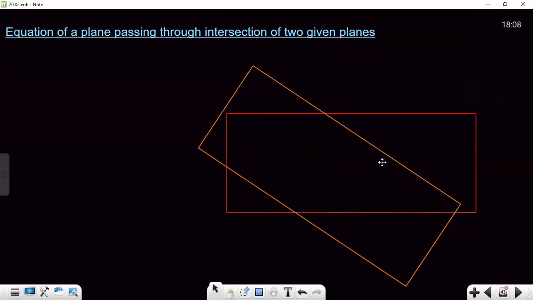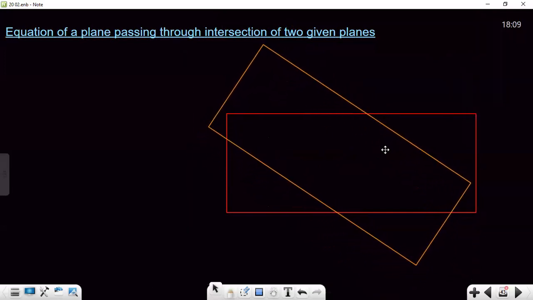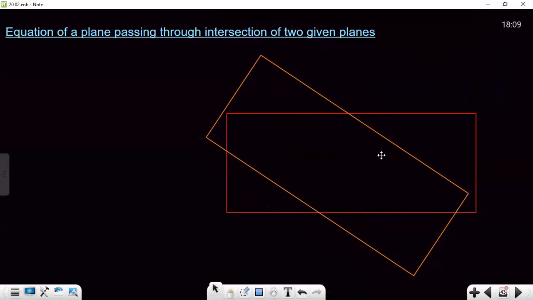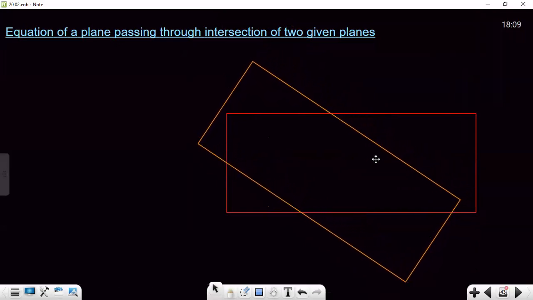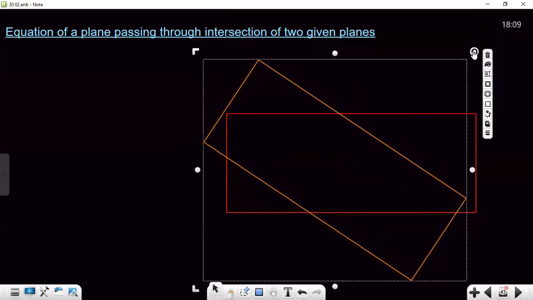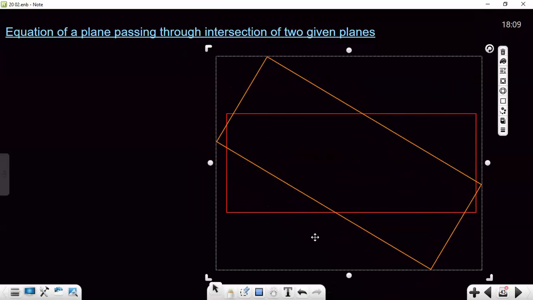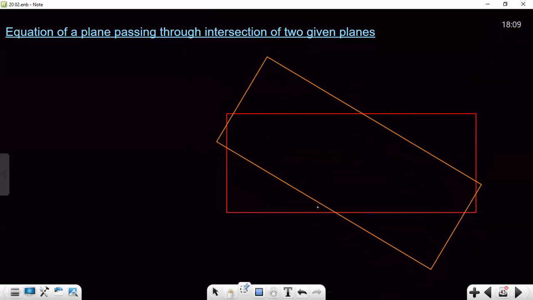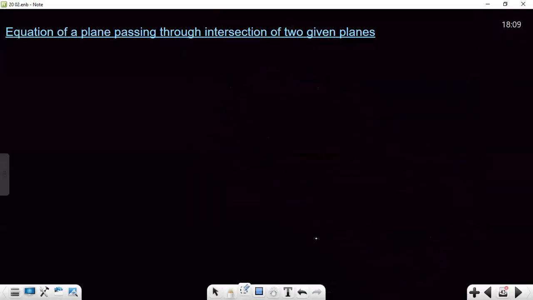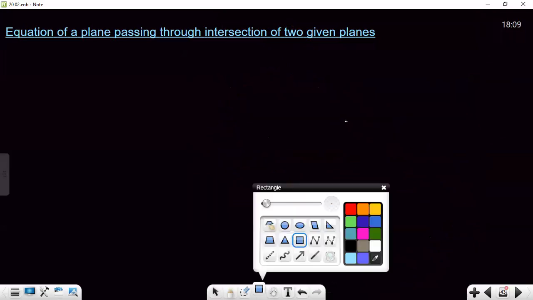Intersect. Okay. I should draw it differently so that you will be able to understand. Let me do it using the lines only.